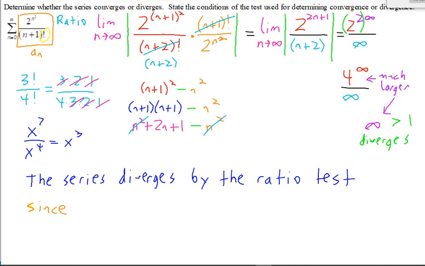The limit as n approaches infinity, absolute value. And you can write it this way, or you can write it the original way before we do the reciprocal, either way is fine. Since the limit is 2 to the n plus 1 squared over n plus 2 factorial, divided by the original one, or multiply by the reciprocal, is fine too, because it's the same thing. 2 to the n squared over n plus 1 factorial.